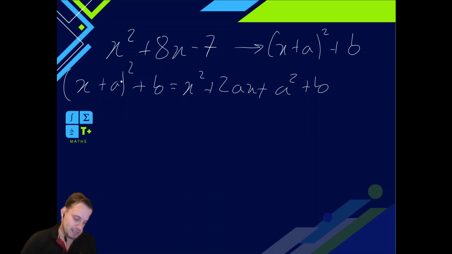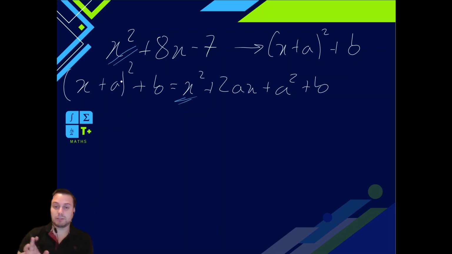So what's the idea here? We're going to focus on how we can make this resemble this. Observe that we have x squared and x squared. They are the same, so we don't need to do anything with this. That's great.